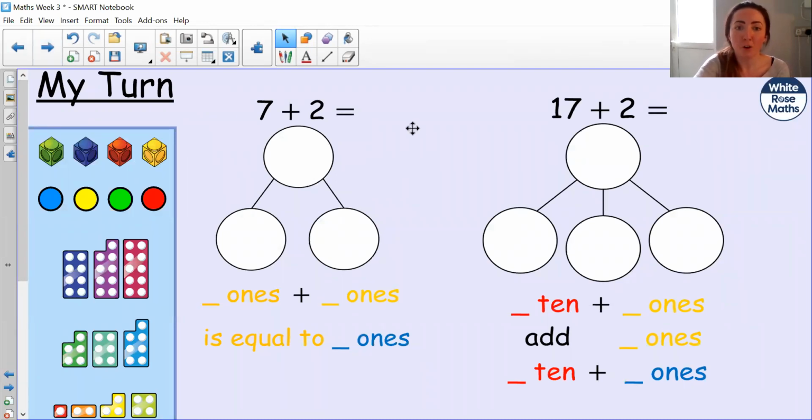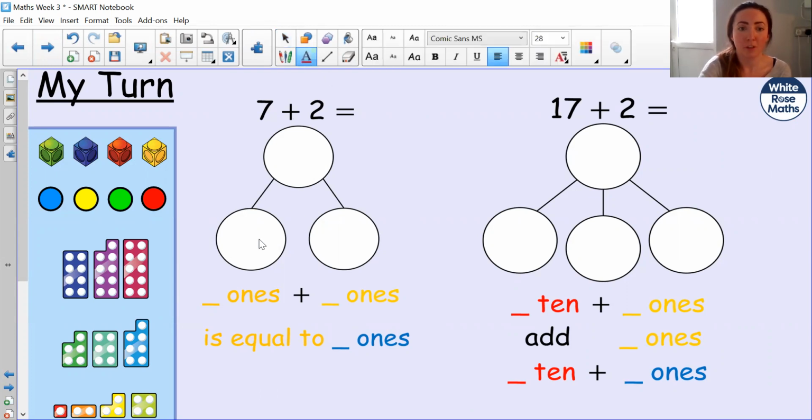Okay, now focus on this part of the screen first, because this is what we will be really confident with recognizing. So we have our part-whole model, and we need to work out 7 add 2. So in that number sentence, we know what the 2 parts are. Okay, 7 is a part and 2 is the other part. So we can put those into our part-whole model. 7 and 2.